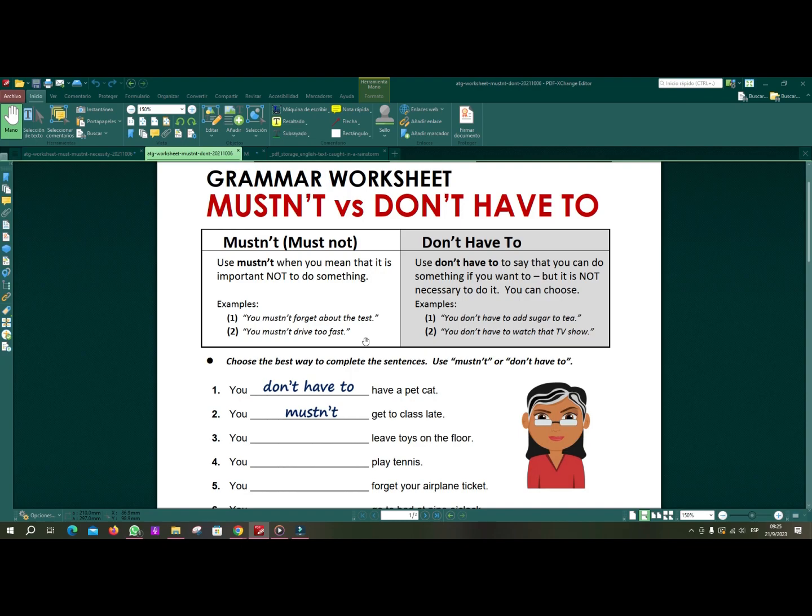Okay? But what about don't have to? We use don't have to to say that you can do something if you want to, but it is not necessary to do it. You can choose, right? So you don't have to add sugar to tea. You don't have to watch TV shows, right?